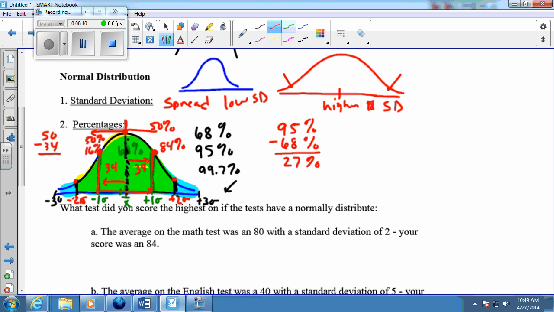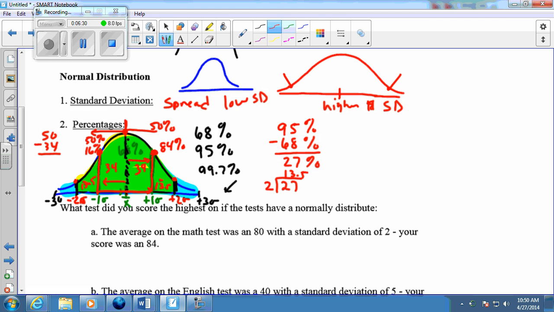And what am I going to do with that 27%? Well, I have 2 regions that make up that 27%. So I'm going to divide it into those 2 regions because it's symmetric, and I get 13 and a half. So this space right here is 13 and a half, and this space is 13 and a half.